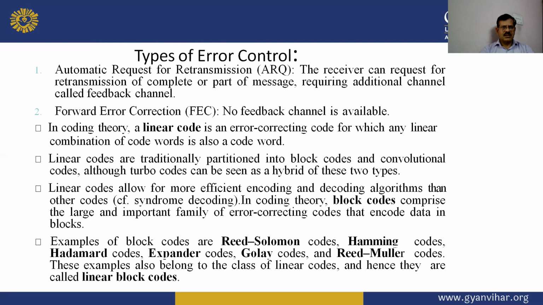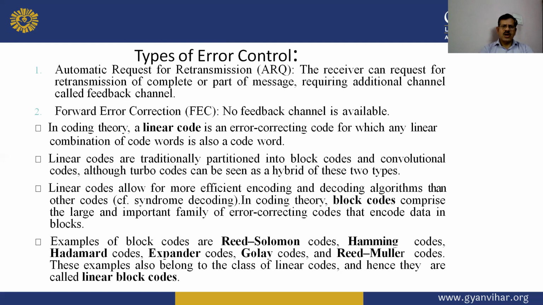Second is forward error correction, FEC. In FEC, no feedback channel is available. In coding theory, a linear code is an error correcting code for which any linear combination of code words is also a code word.